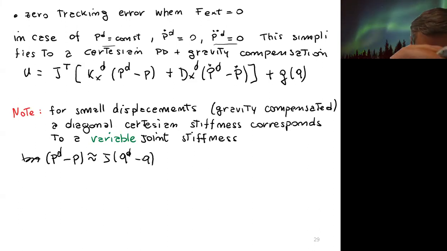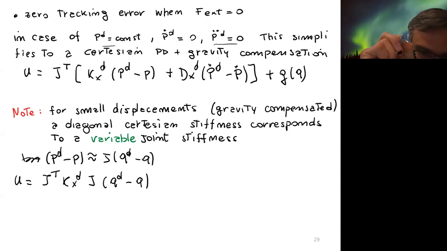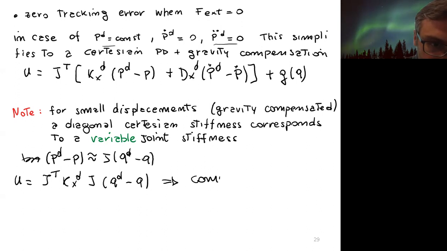And the control law becomes, if we don't consider gravity for now, J transpose Kx J (qd minus q). And this is what we call the compliance control.